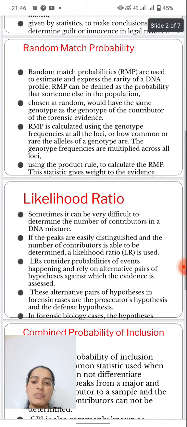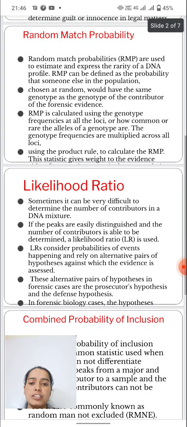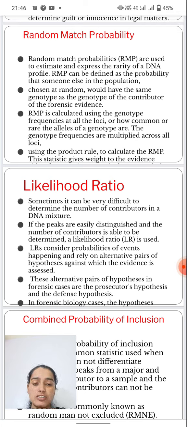Likelihood ratio. Sometimes it can be very difficult to determine the number of contributors in a DNA mixture. If the peaks are easily distinguished and the number of contributors is able to be determined, the likelihood ratio, LR, is used.